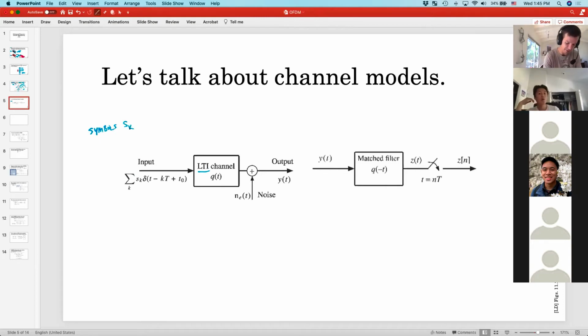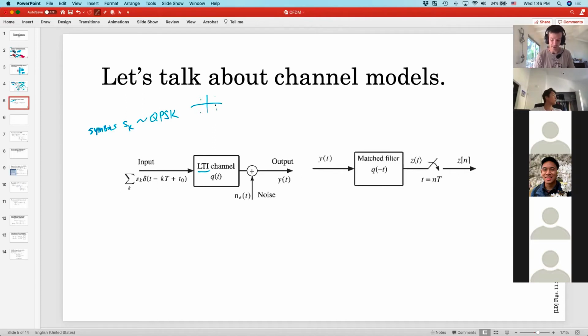So time is indexed by k. So the kth symbol is s sub k. And for sake of argument, let's say that these are drawn from a QPSK constellation. Okay. And so the implication is that these are going to be uniformly drawn. So at any given symbol time, any one of the 4 constellation points is equally likely to come through here.